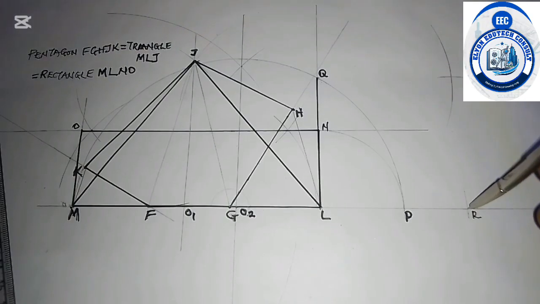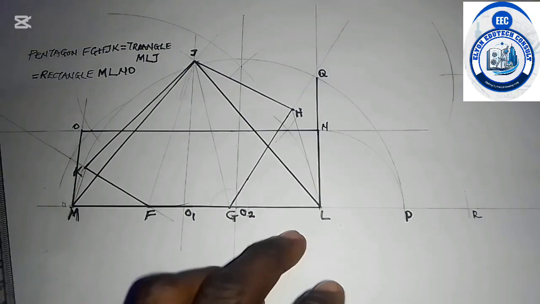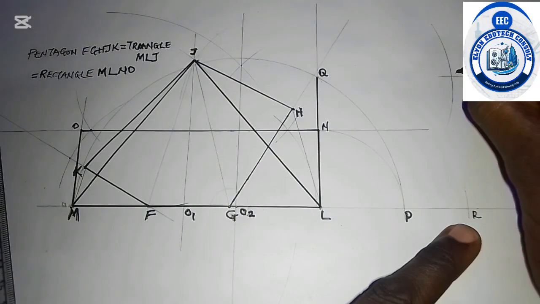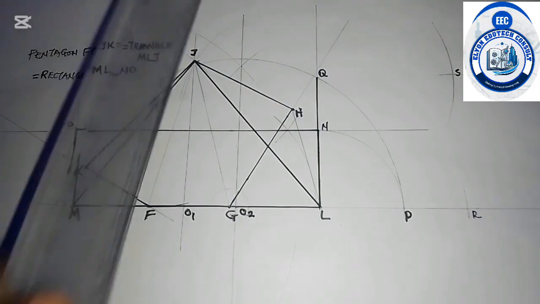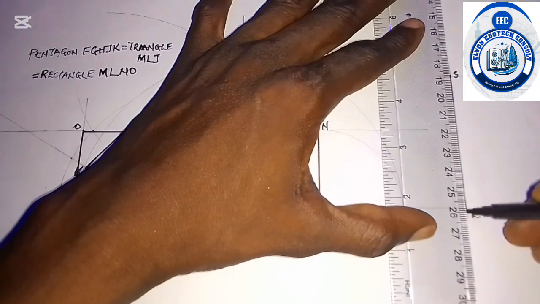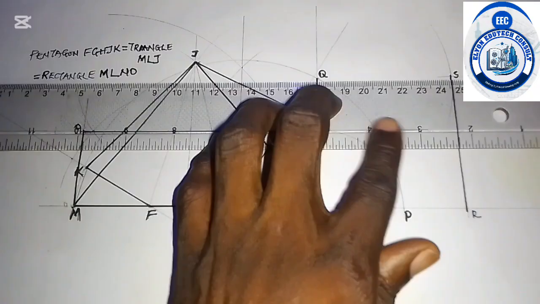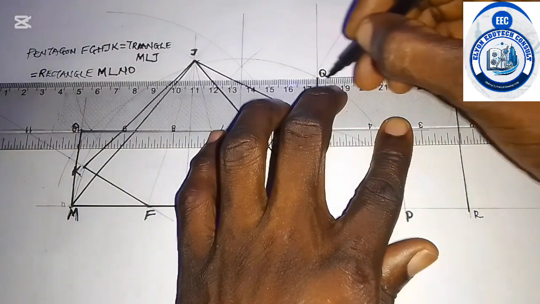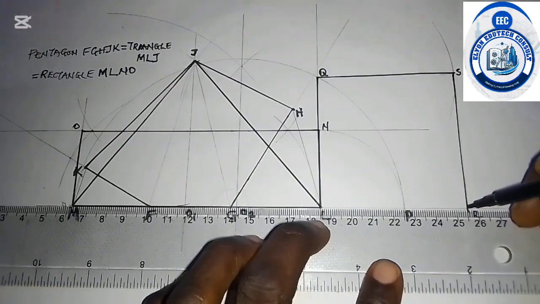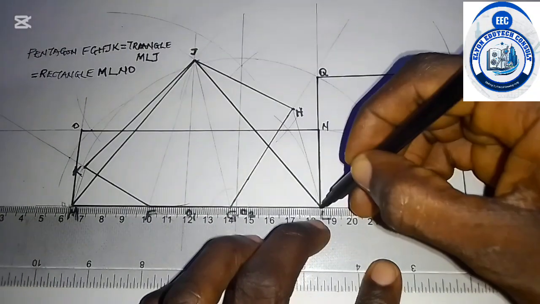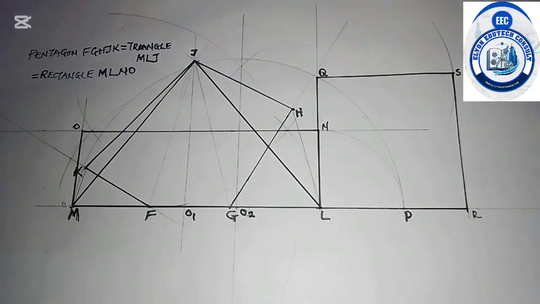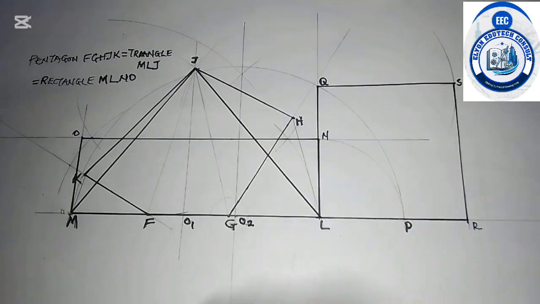So you see the point of intersection, S. So what do I do now? I'm going to draw this now. Then join QS, join QS, then join this now. All right, so we have this now as my square.